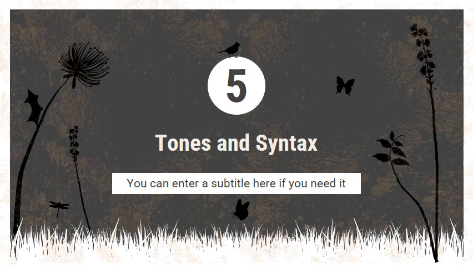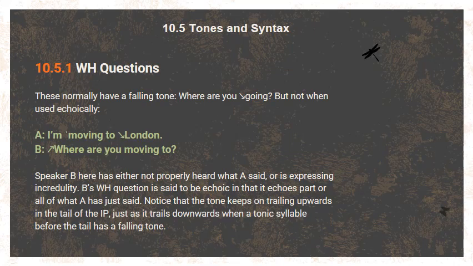The next slide is about tones and syntax. Wh-questions normally have a falling tone, like where are you going, but not when used equivocally. So these are the dialogue between A and B. A said, I'm moving to London. And B answered, where are you moving to?